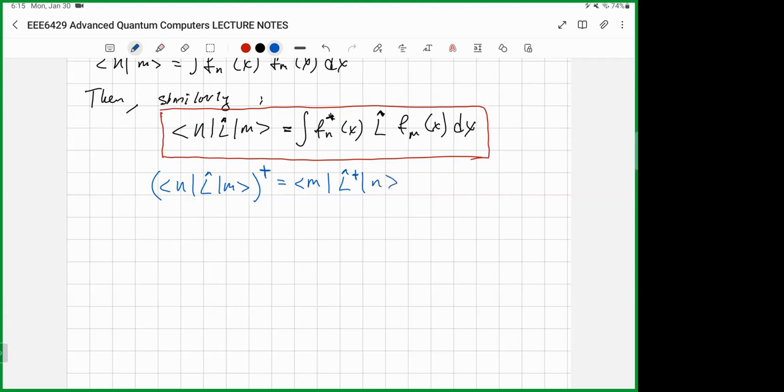I Hermitian conjugate the operator L and transpose the matrix elements. In this case, the integral will be f_m complex conjugate of x, then L dagger, and f_n of x, dx.